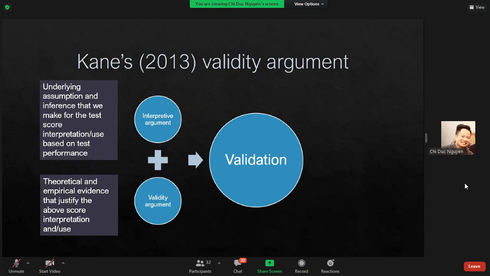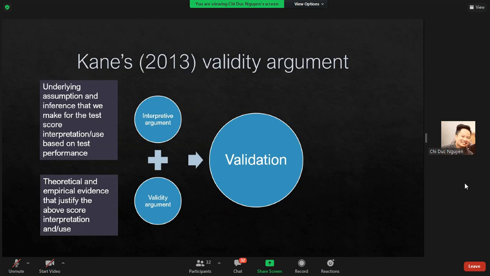For example, in my final examination, my students sat for the test, and after that, they achieved some kind of score. I have to make a decision on this score. For example, students A and B were able to move forward to the next upcoming course, but students C and D performed very poorly, so they need to retake the whole course again.